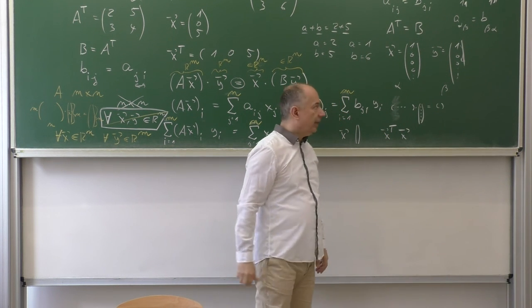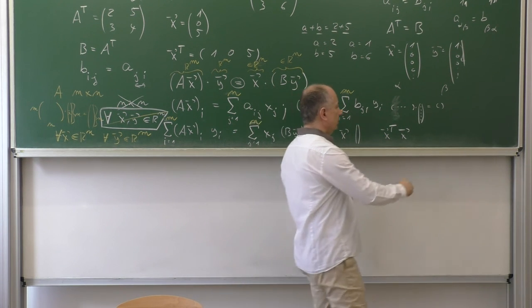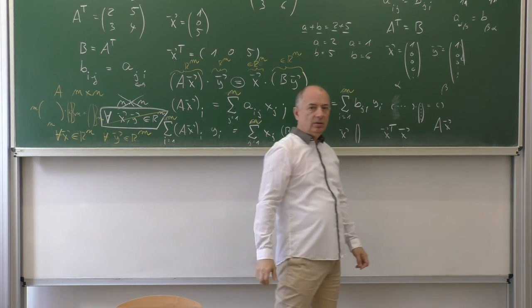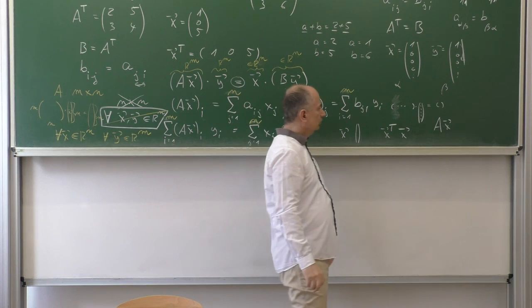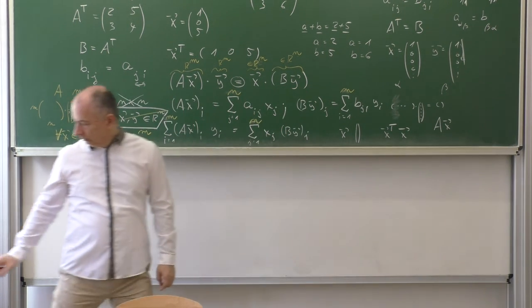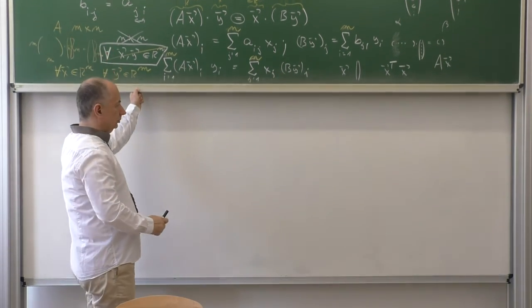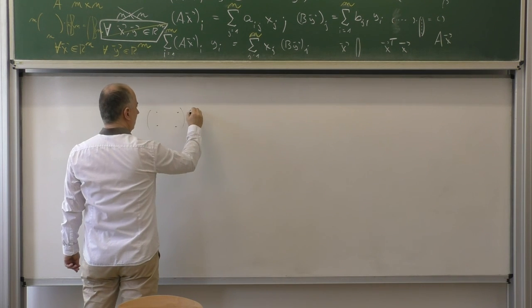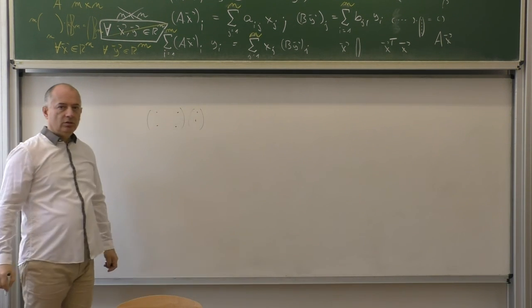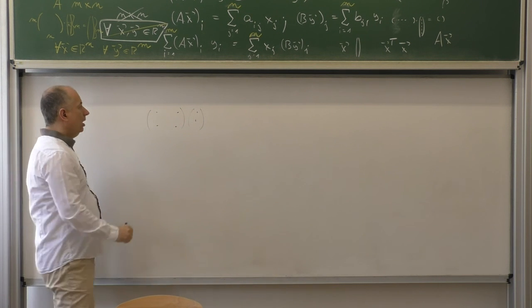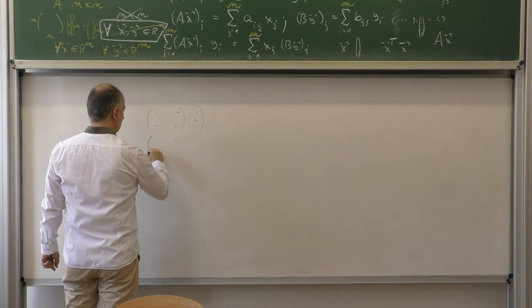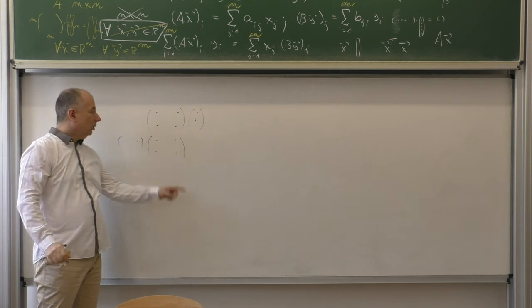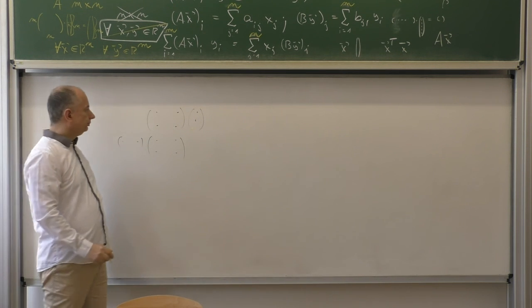To distinguish row and column vectors is important when we consider the product of a matrix and a vector. Because, say, if we have a 2 by 2 matrix, then we can multiply with a column vector on the right, or by a row vector on the left.